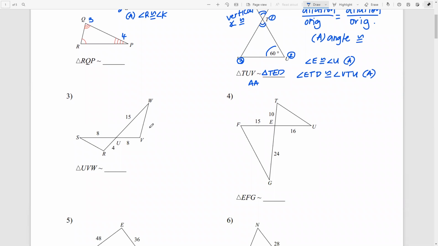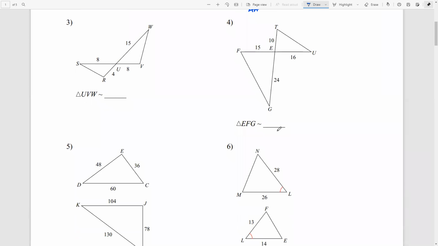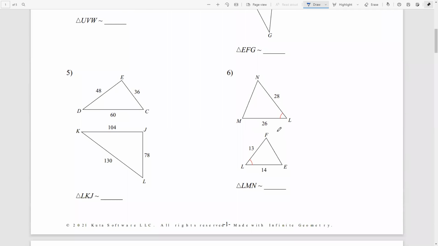I also did numbers 3 and 4 in the last video, so let's skip ahead and look at numbers 5 and 6. These are a little more different. We have a little more information about my sides here. And in another class, we talked about how figuring out these similarities might be a little bit of guess and check, because you'll have to guess to figure out which sides are the ones that are corresponding, since we don't really know, and then we're going to check.